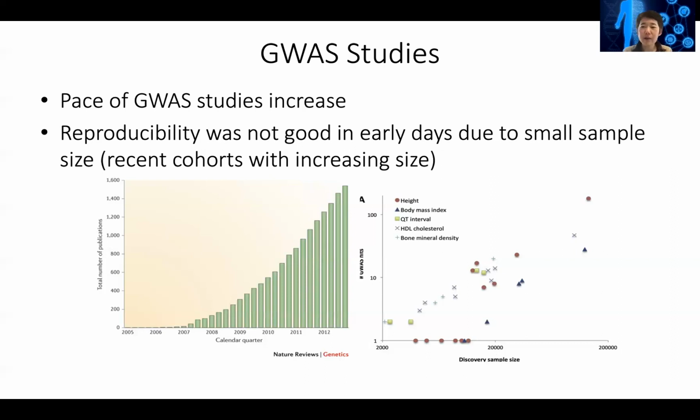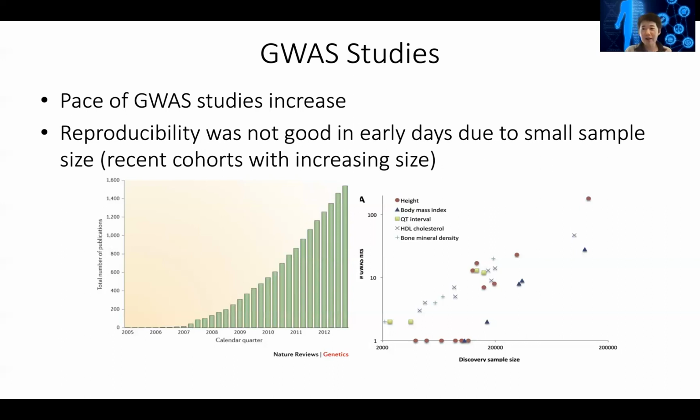The nice thing about this is, once you sequence somebody's DNA, the information is always there, and all you need to decide is which phenotype you want to look at. You can see here, this could be height, body mass index, the QT interval, which is the heart QT interval, or cholesterol level.